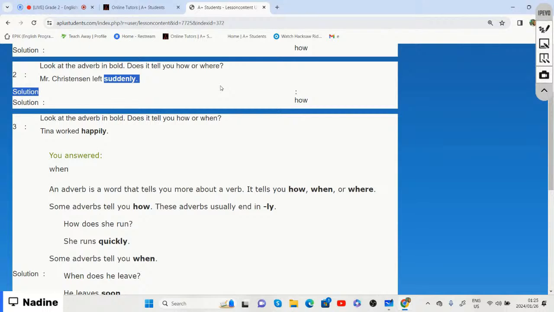So suddenly, does it tell us how or does it tell us where? Right? And now we're going to look at the word in bold. Does it tell you how or when? So Tina worked happily.